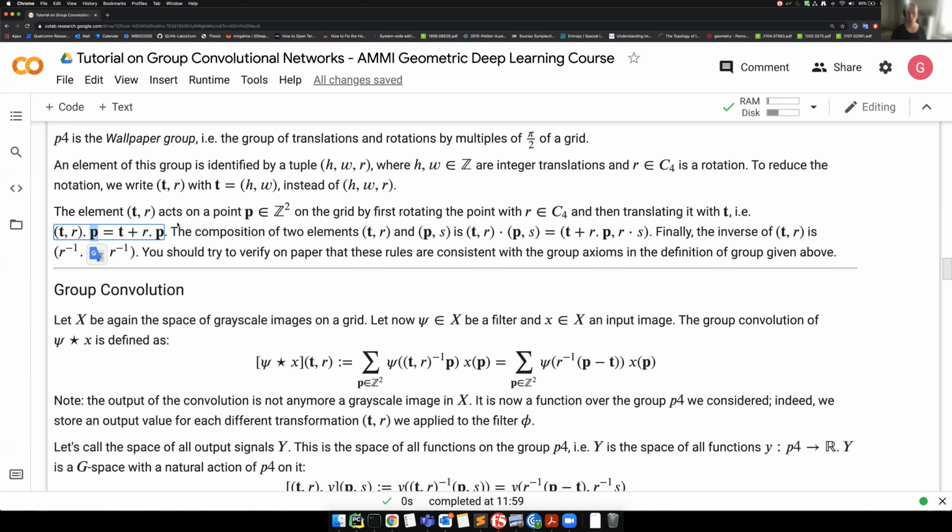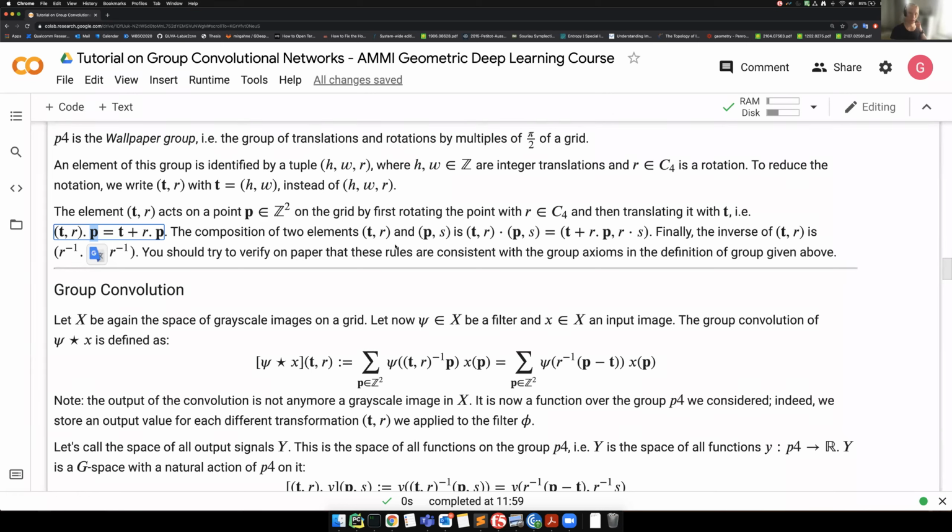You just need to choose which of the 2 operations to do first, and we just choose this to standardize everything. We say first we apply rotations and then we apply translations. Is it clear for you? Okay, nice. So now you know how this group acts on the space of points on the plane.